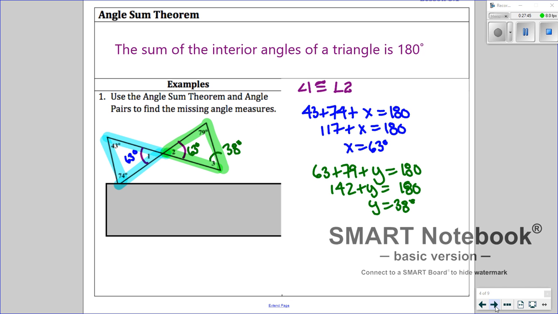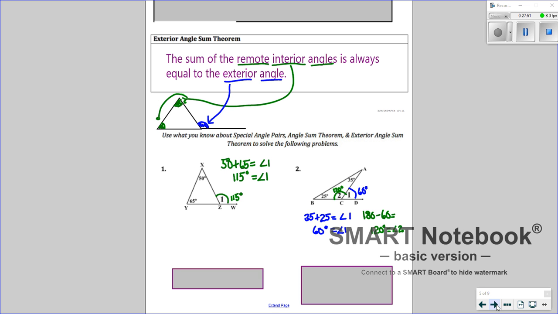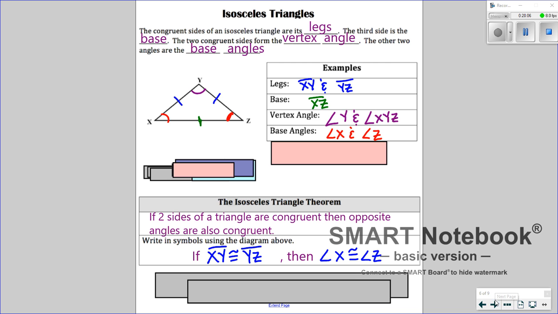And we learned about the angle sum theorem. It states that all the angles have to add up to 180 in a triangle. And we also learned about the exterior angle sum theorem. The remote interior angles, as seen here, have to add up to give you the exterior angle on the outside. And it always equals that. And then we learned about isosceles triangles. We know it's 2 congruent sides.